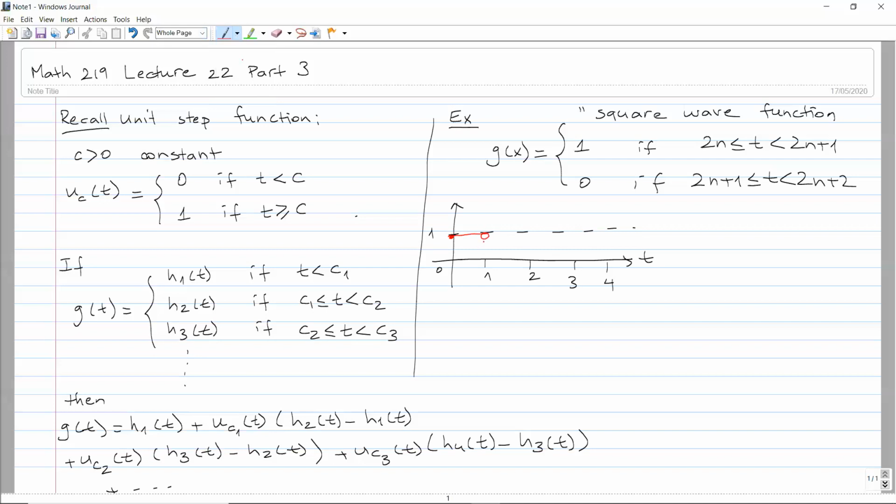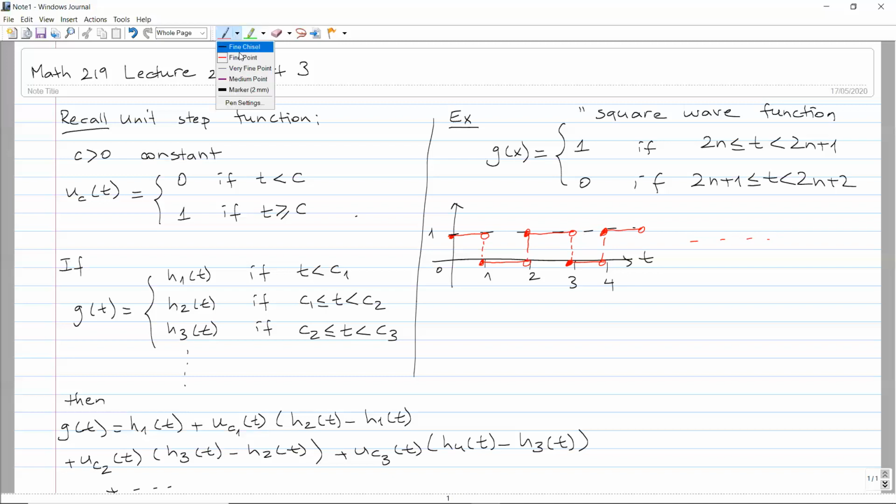And at 1, the value drops to 0, and then the values are 0 up to 2. And at 2, the value jumps to 1, and stays 1 up to 3. And at 3, it jumps down to 0 and stays 0, and so on. So it keeps going like this.